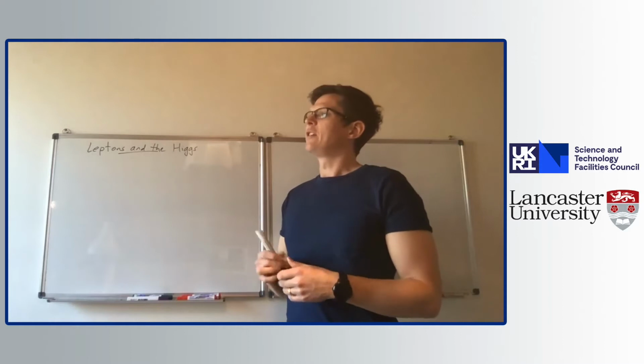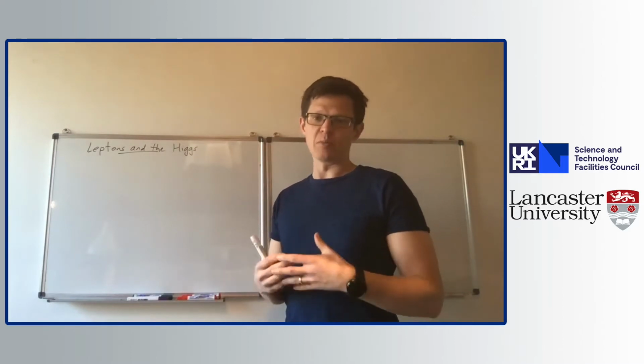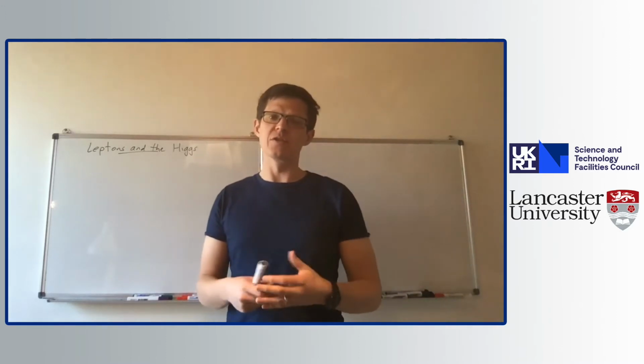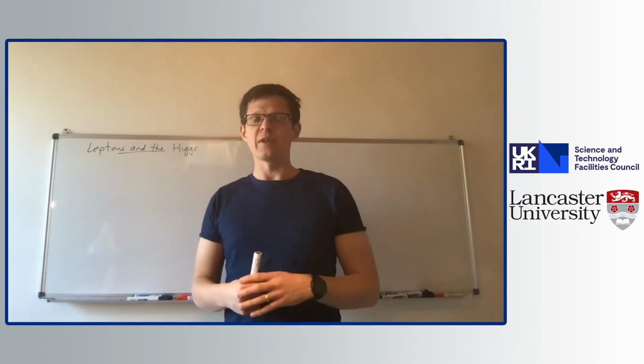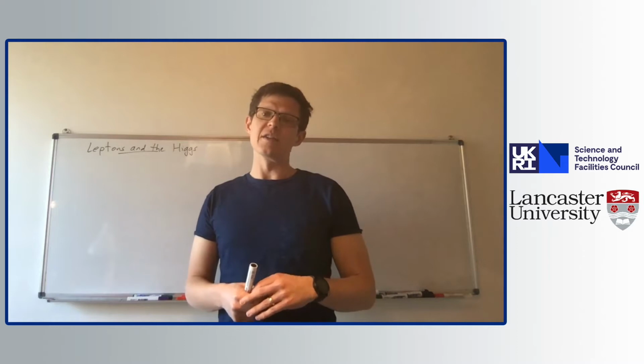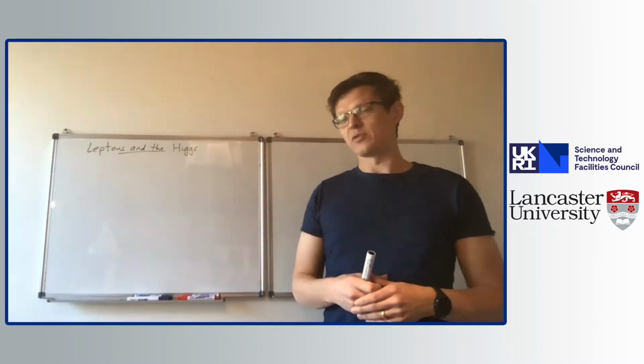And we saw that QED emerges out of SU(2) cross U(1) breaking in a very natural way, and we recovered the couplings to the photons that we expect. The neutrino was neutral, does not couple to the photon, whereas the leptons like the electron, muon, and tau lepton all have charge plus or minus 1.